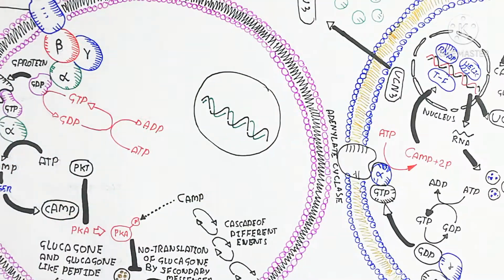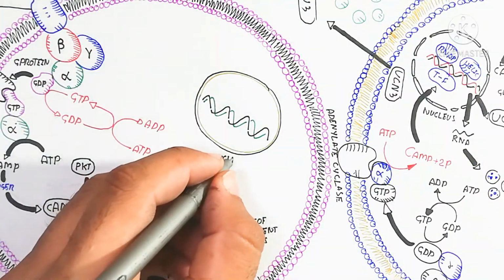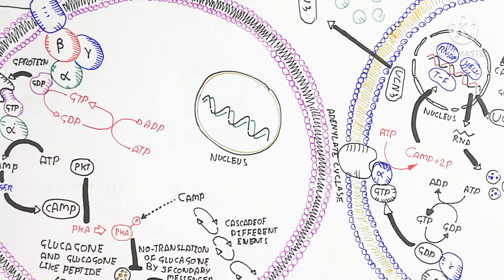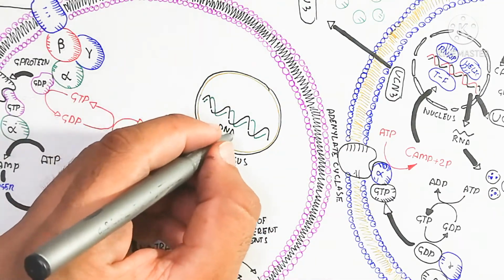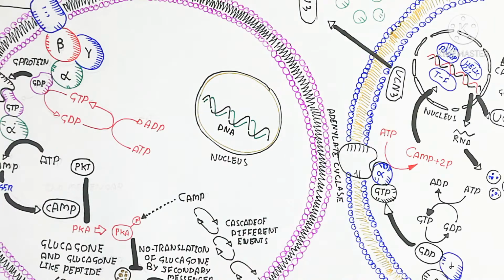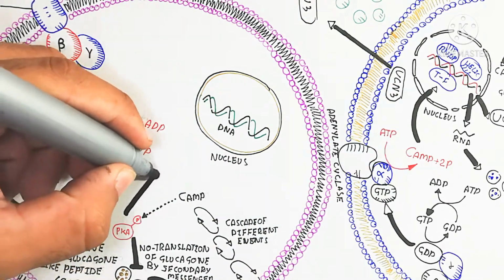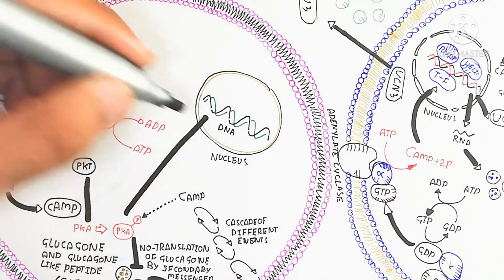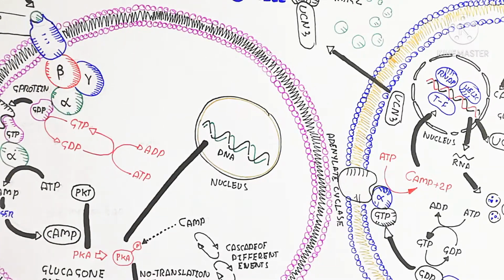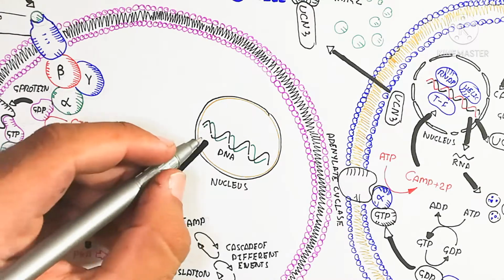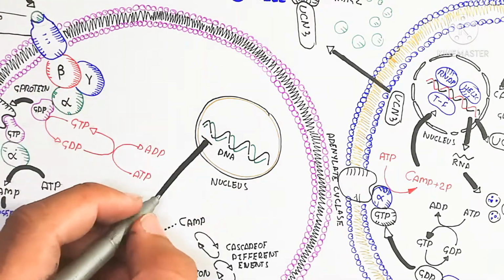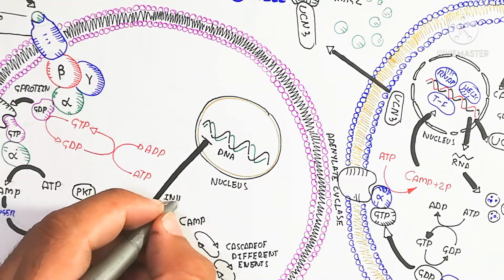So when it goes into the nucleus, this protein is used to suppress or decrease the production of glucagon by the transcription factor, to inhibit it. So the glucagon will not increase. That's why glucagon is a catabolic hormone, while somatostatin and insulin are anabolic hormones.